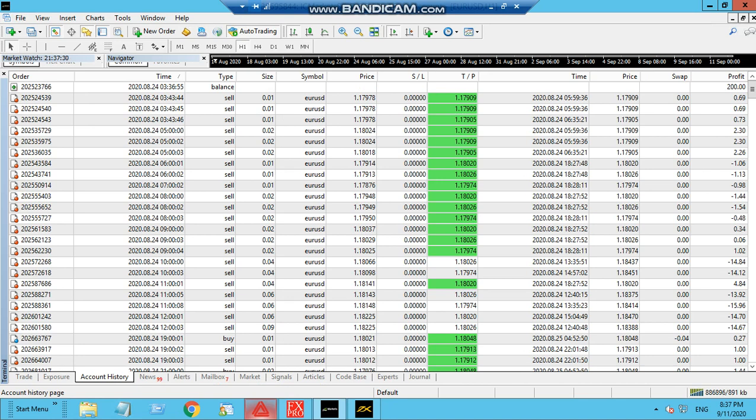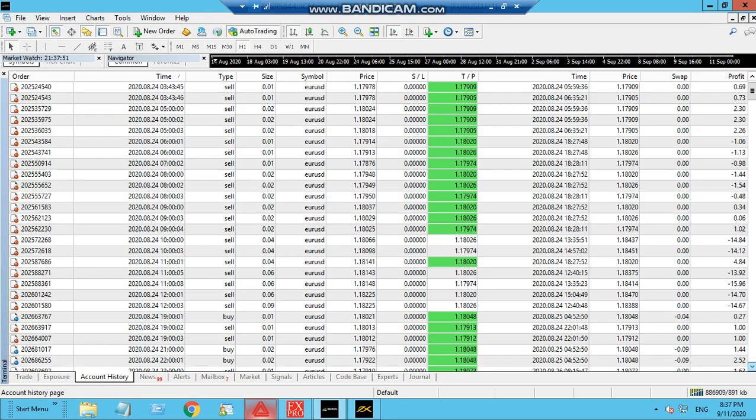Because if the account is lost, I will not show you the same robot again, because I will not show you the losing robots. This robot has been consistent for the third week, and that I am showing you right now. So let's see. It started with 200 US dollars on 24th of August, and let's see how it goes.